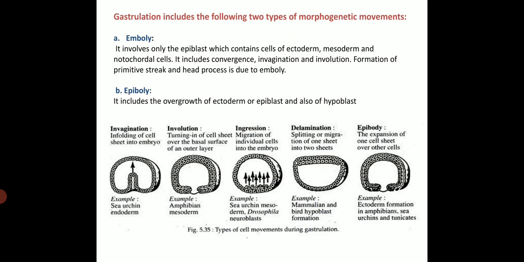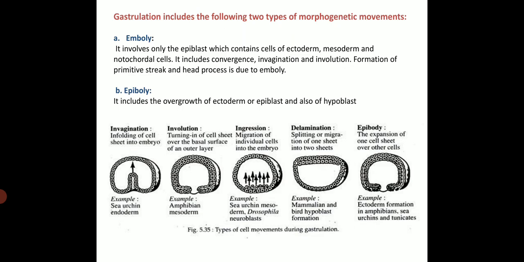You know what exactly epiblast is, which contains the cells of ectoderm, mesoderm and notochordal cells. So emboly includes convergence, invagination and involution. The formation of the primitive streak and the head process is only because of the process that is emboly.